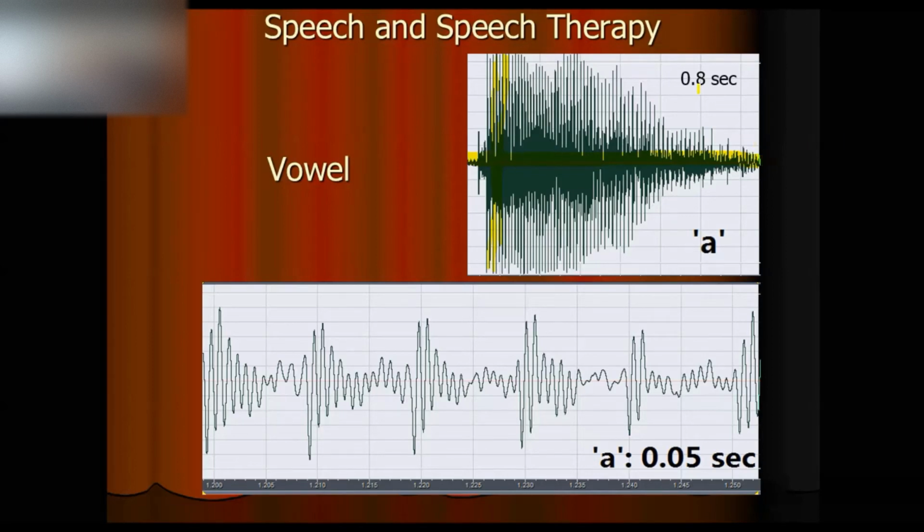The whole duration is 0.8 seconds. This is the sound of ah. So if we want to zoom in to cut 0.05 seconds, it's pretty periodic. This is time. This is vibration. So most noticeably, vowel has a periodic component as a major component.